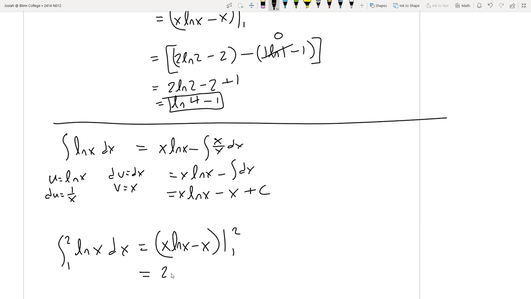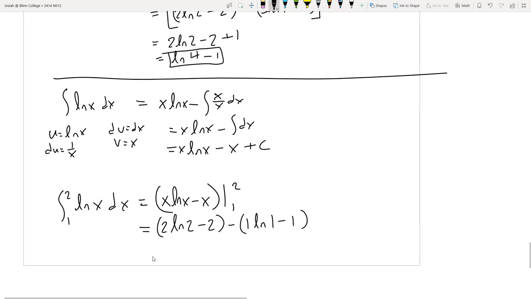And so we end up with what we had before. The same thing happens from here on out. We get natural log of 4, this term becomes 0, minus 2 plus 1, natural log of 4 minus 1. There's not a whole lot of difference between them, practically speaking.